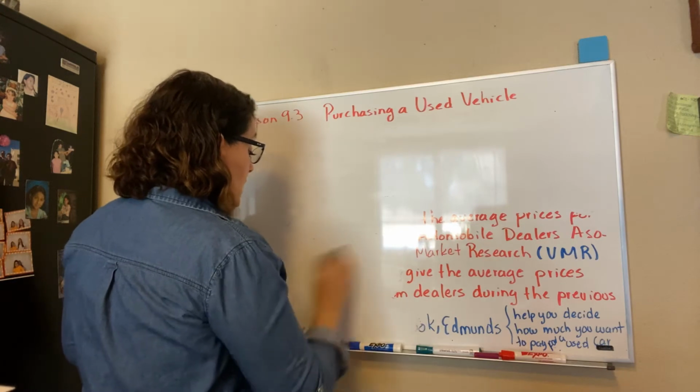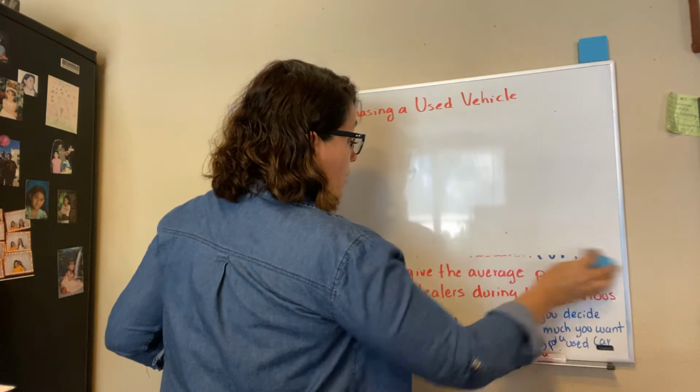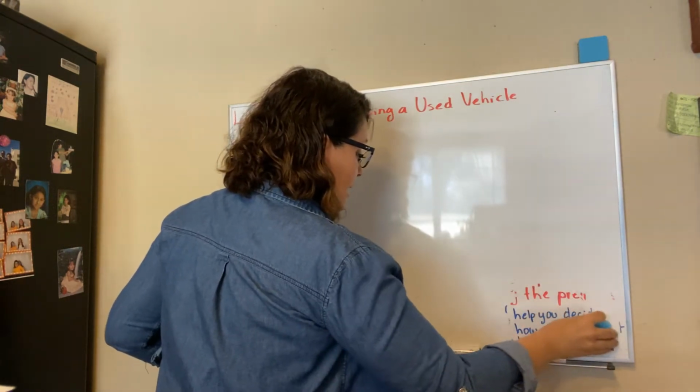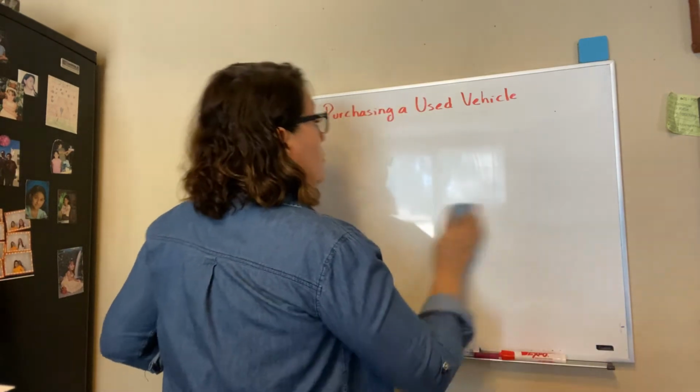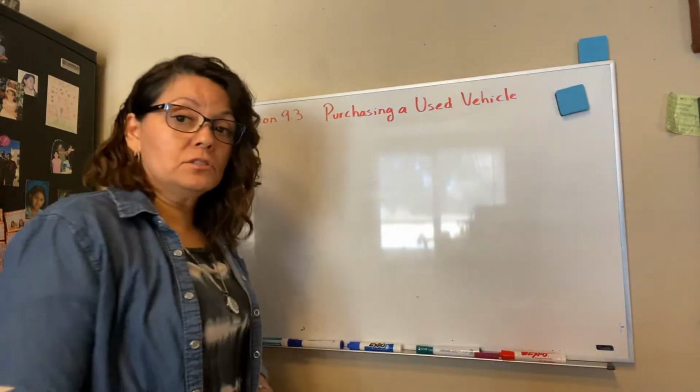Another important thing that we have to know when we buy a used car is whether the car was involved in an accident, guys. A lot of people buy cars from auctions.